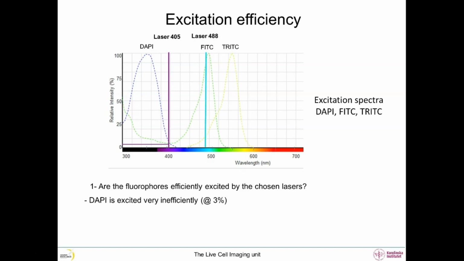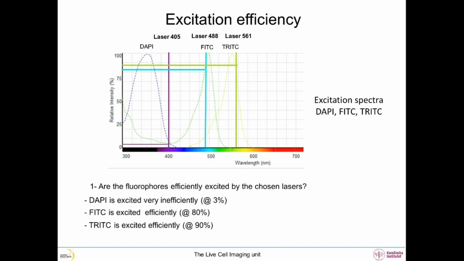The 488 laser excites FITC very efficiently, at around 80%. The 561 laser excites TRITC very efficiently, at 90%. So the answer to our first question is that these three lasers will sufficiently excite our fluorophores.